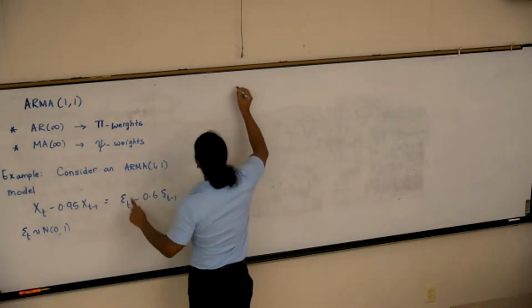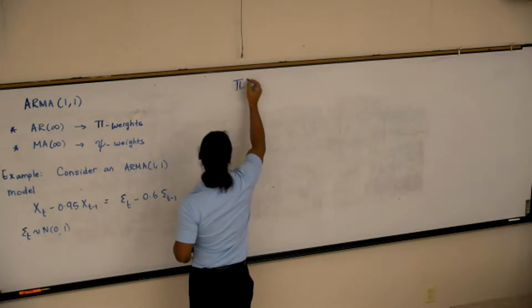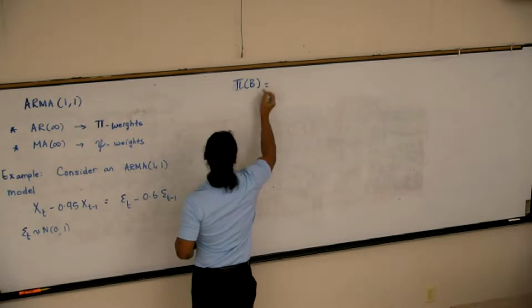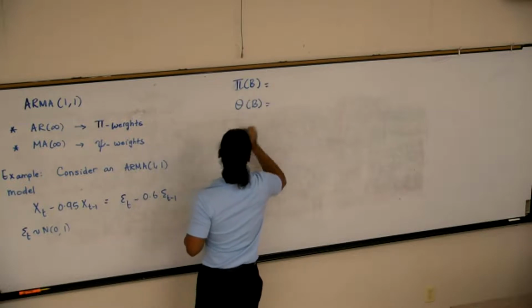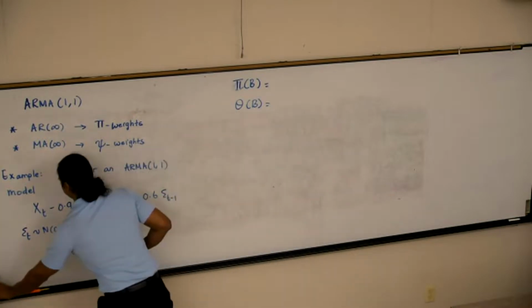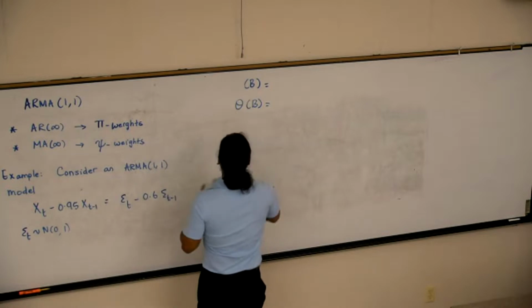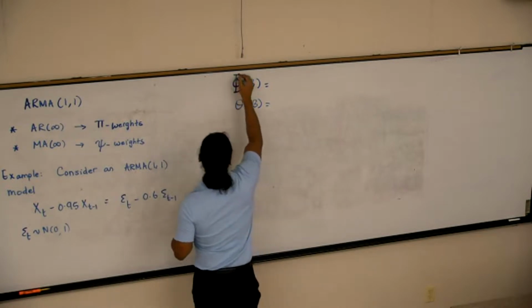So, we can write phi of B and theta of B. Wait, why is theta not the... okay, yeah, okay.